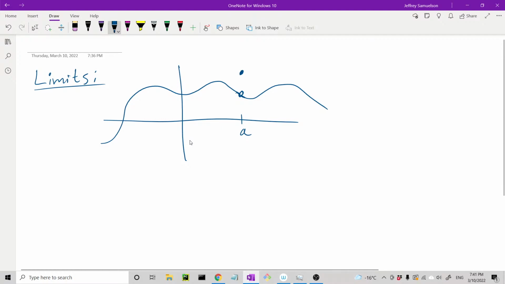But regardless, it's possible to define the limit, whether it's defined or not, or even if it is defined and the value is sticking up here like this.